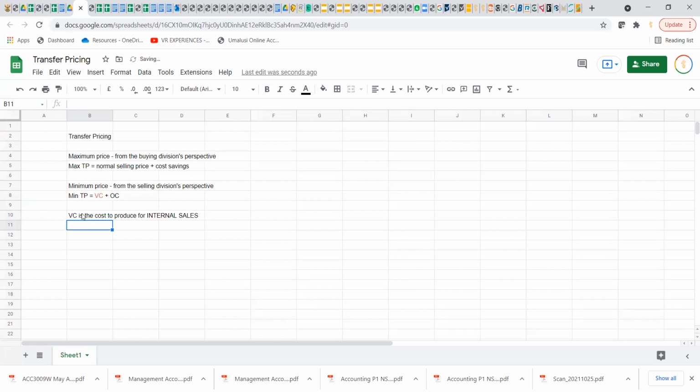That's important to understand. So that is the cost incurred to produce for internal sales. What variable costs would we incur to manufacture a product for the internal division, for the buying division? That's important. What is opportunity cost?